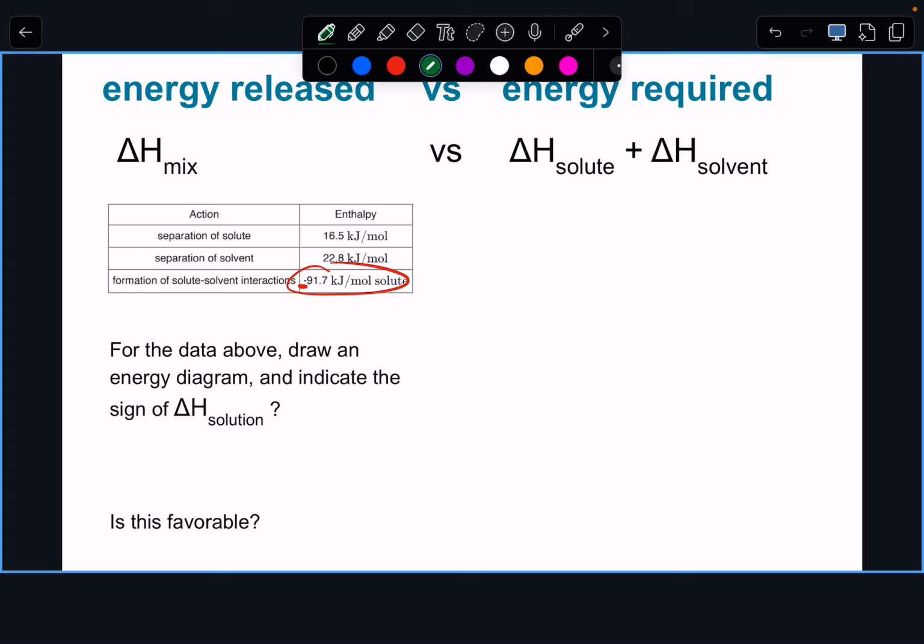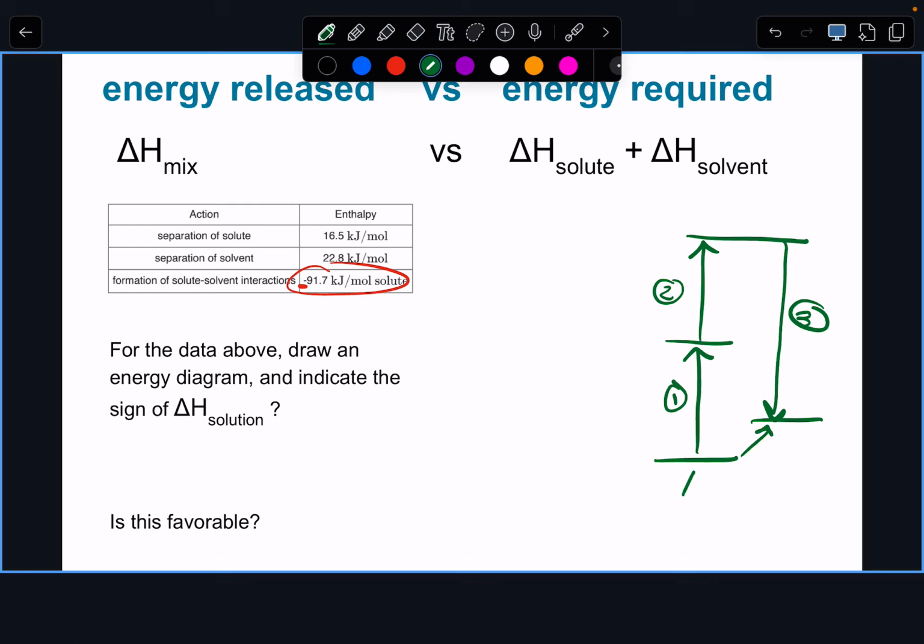So I'll do it on the side and then we'll come do this one, okay? So we could have something that took a certain amount of energy to break apart the solute, took a certain amount of energy to break apart the solvent, but for some reason, I'm going to draw that a little bit more, didn't release quite as much energy.